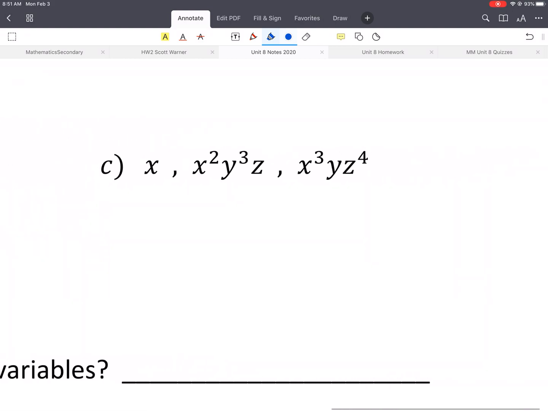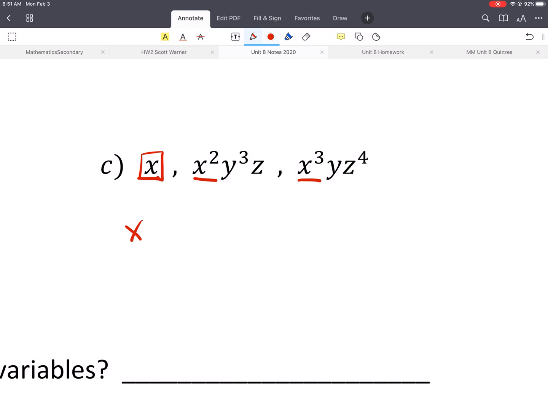Here's another example. Looking at the x's, what would be the greatest common factor? We would look at the smallest exponents. We have x squared, and x to the 3rd. So the smallest exponent would be x. Okay? And then what about the y's? How many y's can we take out?